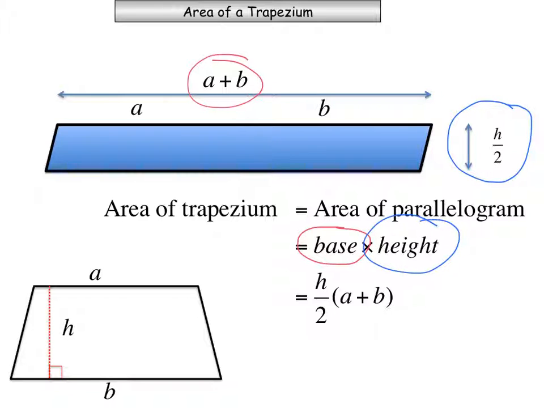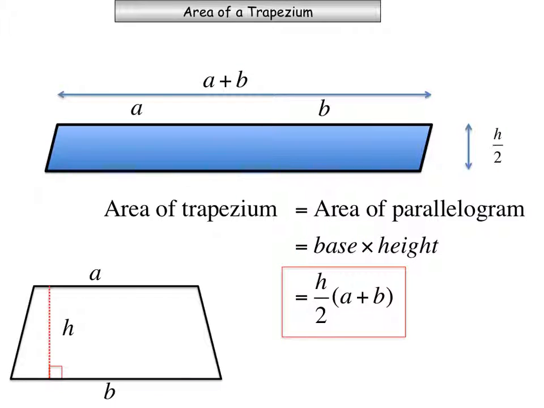So we have an area formula, H on 2 multiplied by A plus B. You can also represent this area formula as A plus B multiplied by H on 2, or you could have it in the way that you've seen it in the red box. So to calculate the area of a trapezium, we need a perpendicular height, H. We need the lengths of the two parallel sides.